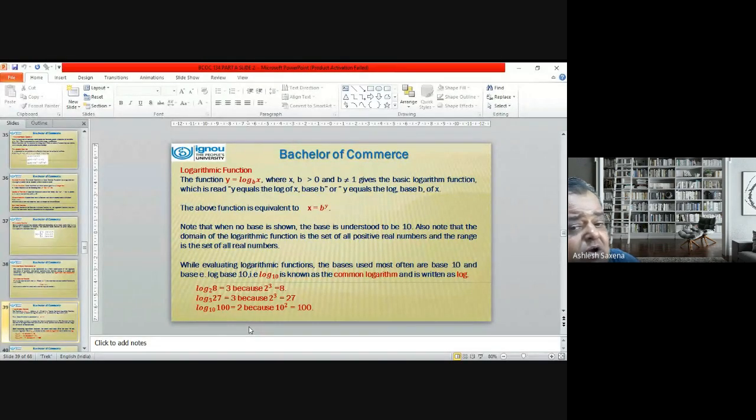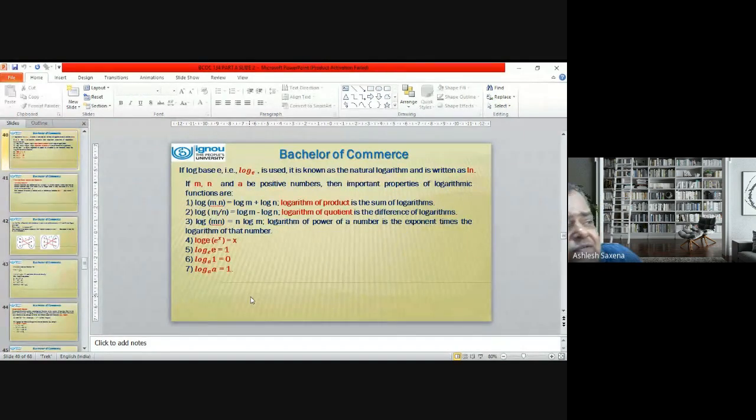If we talk of log base 3 of 27 is equal to 3, that means 3 raised to the power 3. 3 times 3 is 9, 9 times 3 is 27. And for log base 10 of 100, straight away it is 2. That means 10 to the power 2 is 100. This is how the transformation takes place.